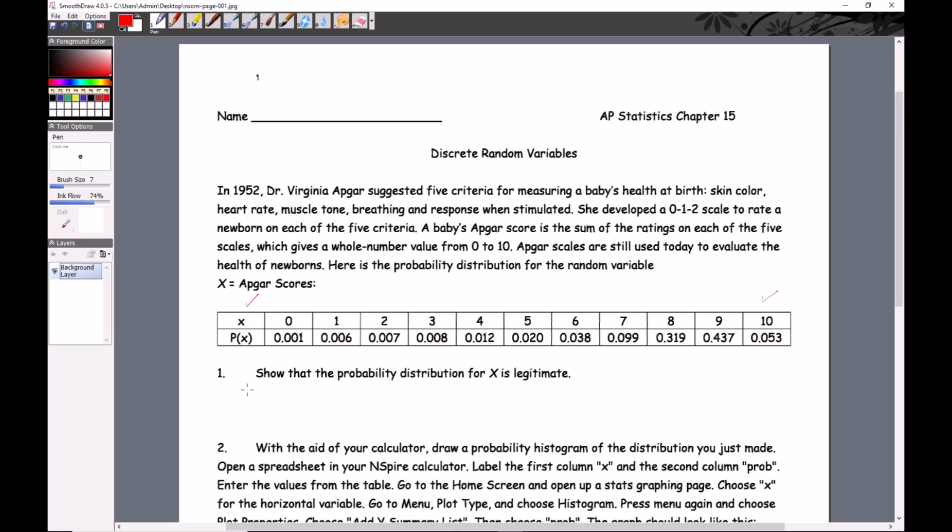So let's go ahead and just say that there were two things we were supposed to check. So let's just say all probabilities listed up here are between 0 and 1.